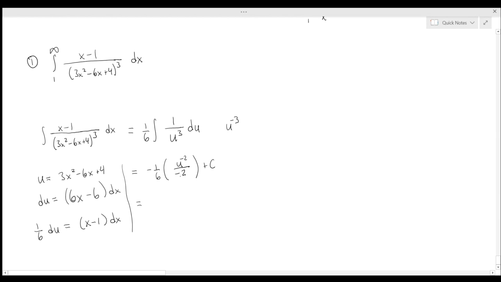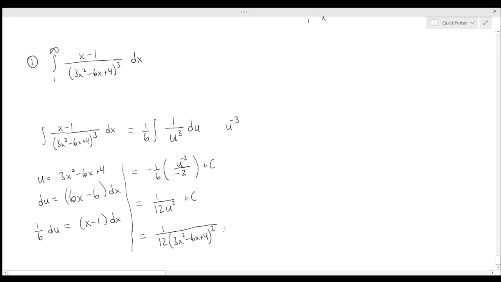So then I'll multiply the negative 2 with the 6 in the denominator, so we're going to get positive 1/12. And then we're going to have u to the negative 2, which I'll move to my denominator. And then the last thing I'll do is just replace u with the original 3x squared minus 6x plus 4.